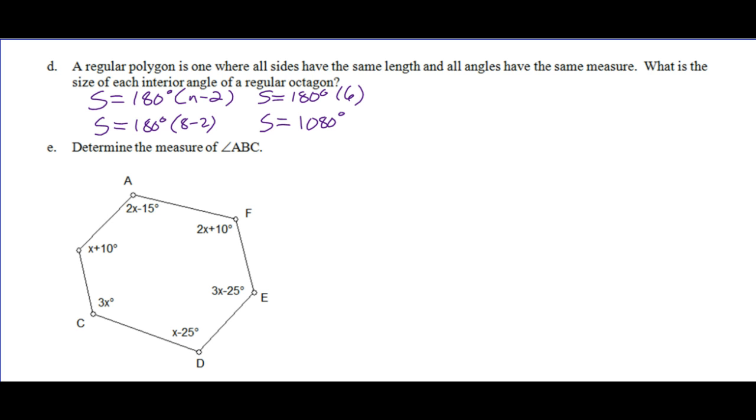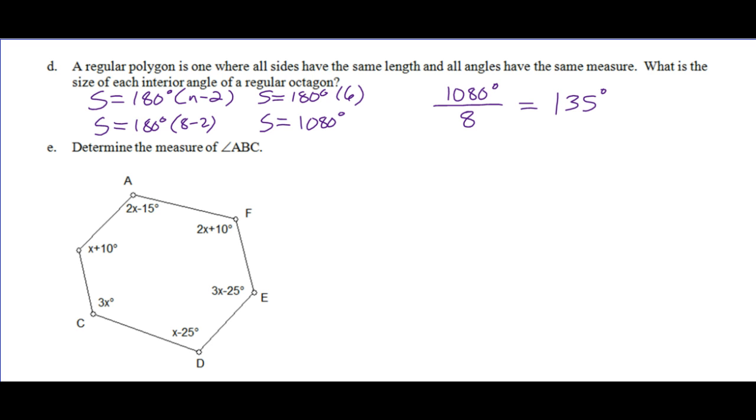So, what's the measure of each angle then? What do we have to do to get the measure of each angle? Divide by, how many angles are there? 8. And what's that work out to? 135?